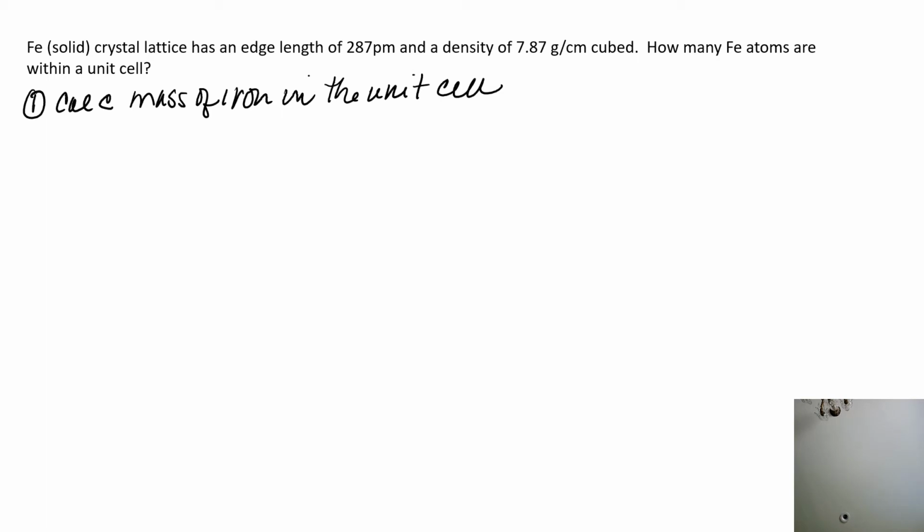So I'm going to start with A here, our density, 7.87 grams of Fe per 1 centimeter cubed, and I'm going to convert that to picometers so I can cancel my units of length and end up with units of mass only.